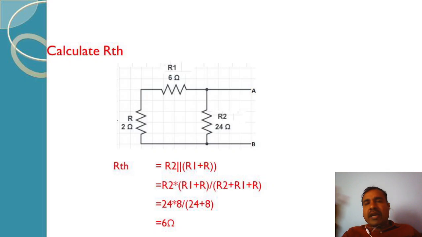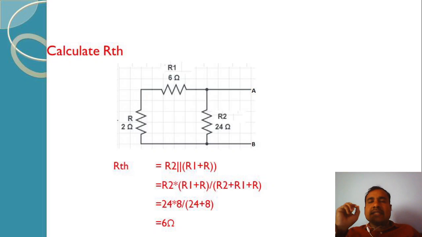When you look at the circuit from points A and B, it clearly sees that resistance R1 and internal resistance R are in series, and this series combination is in parallel with the resistance R2.